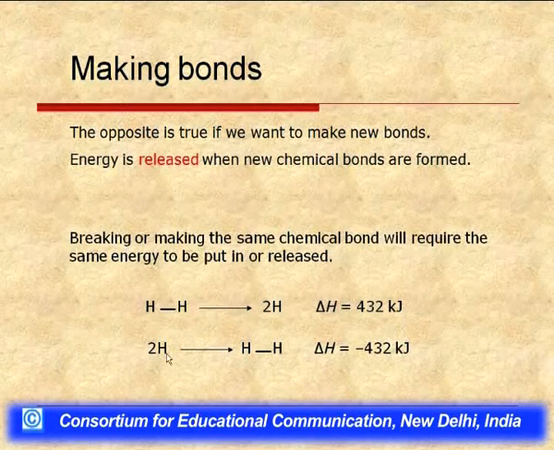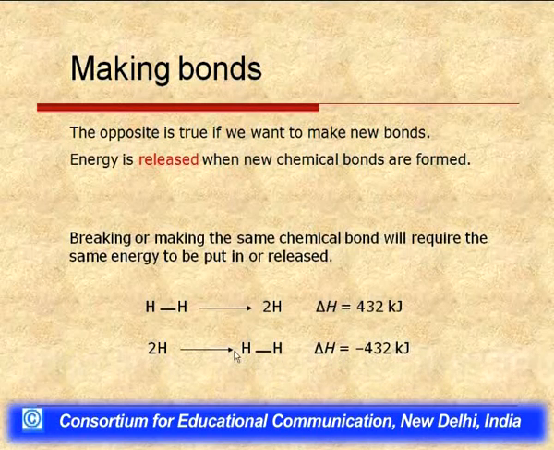In the same manner, when 2 moles of hydrogen atoms combine to form 1 mole of hydrogen, this reaction is the reverse of the first reaction. Therefore the enthalpy change should be the same in magnitude as the first reaction, but with opposite sign.